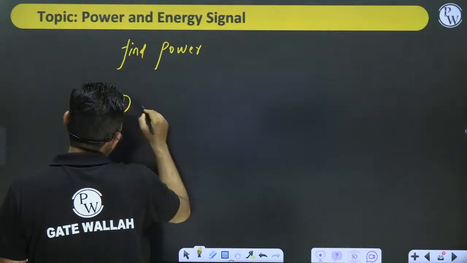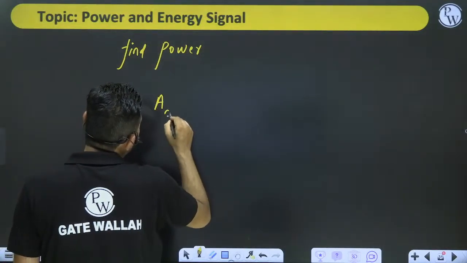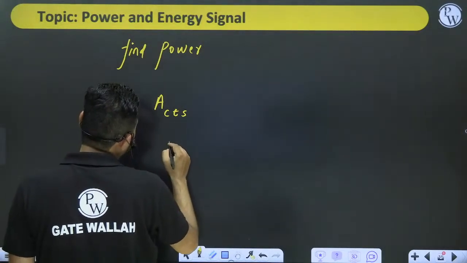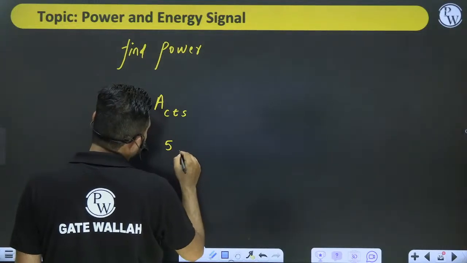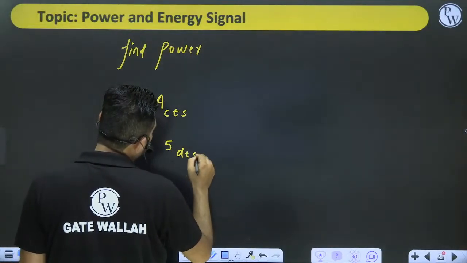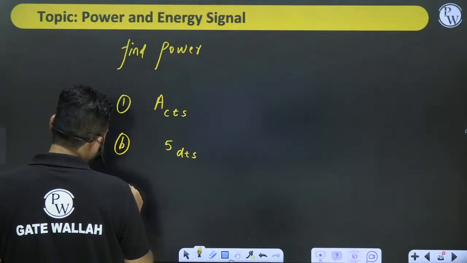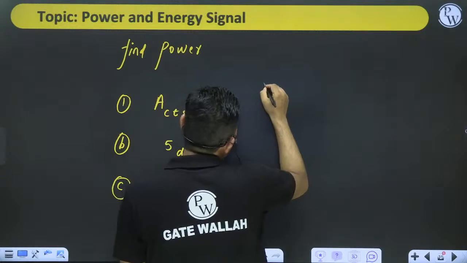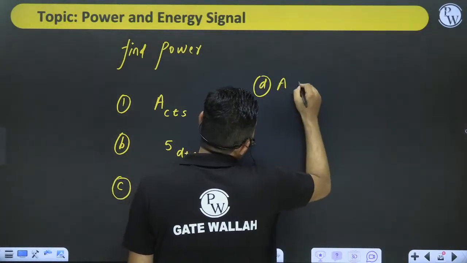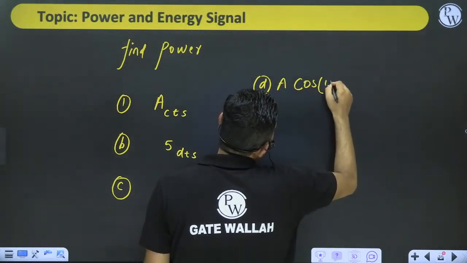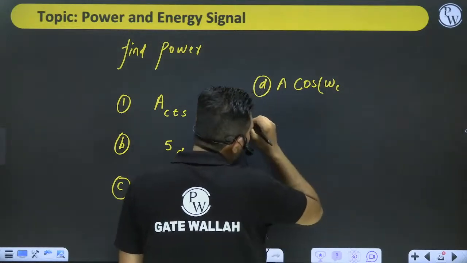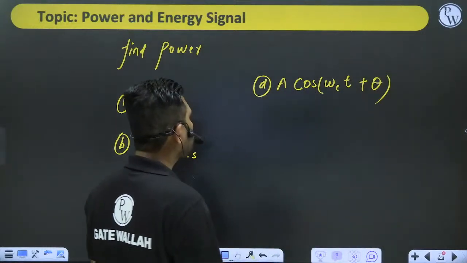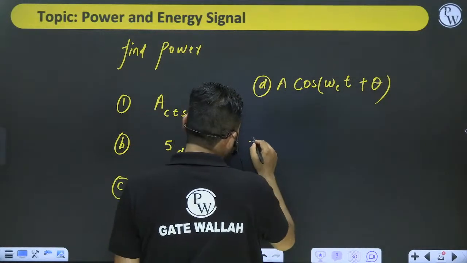So first is A in CTS, B that is 5 in DTS, C is u[n], D is A cos of omega c t plus theta, and E is this function.